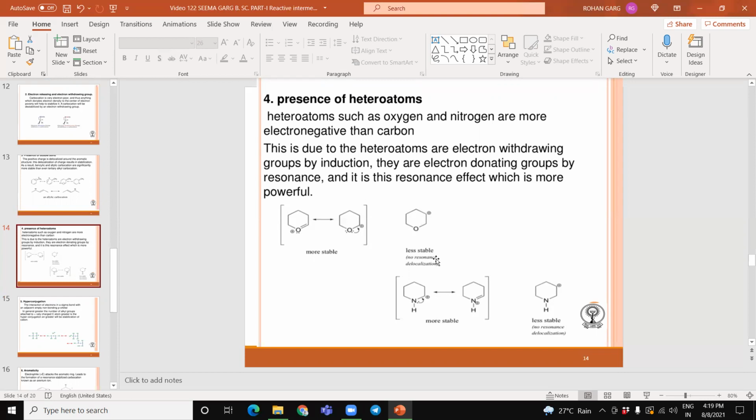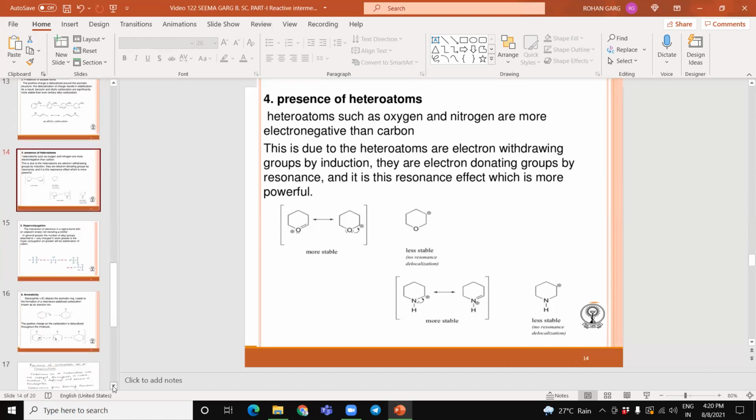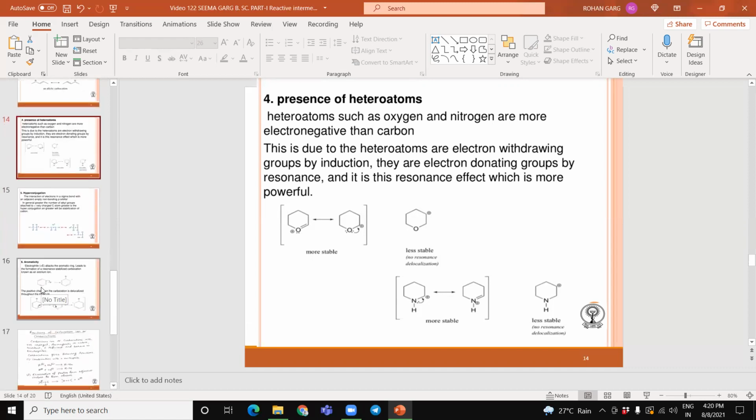So here there is no resonance, no delocalization, it is less stable, and here due to the presence of double bond, it is more stable. So the double bond also plays a role, means due to the pi electron delocalization, its stability is affected.